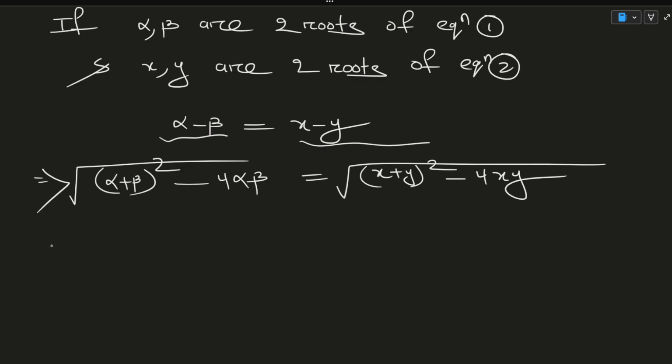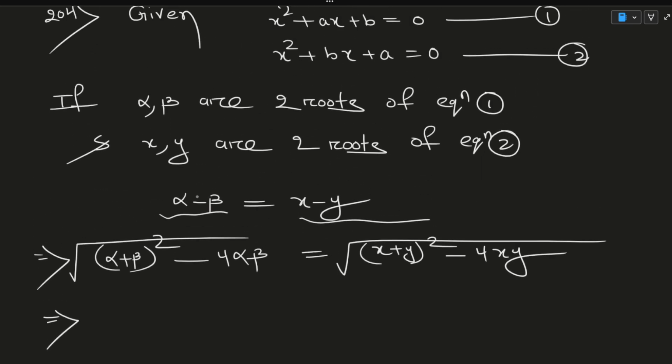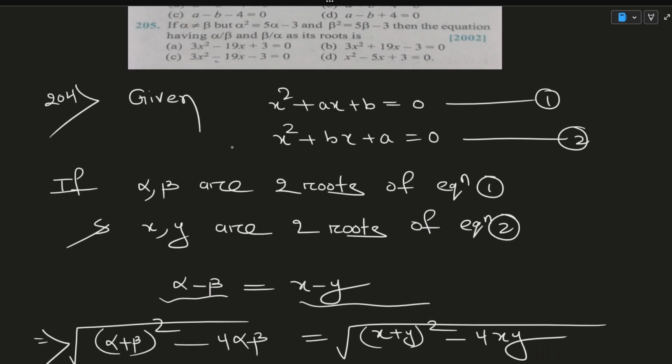Now what will be the value of alpha plus beta? If we observe carefully, alpha and beta are the two roots of equation 1. So alpha plus beta is equal to what?